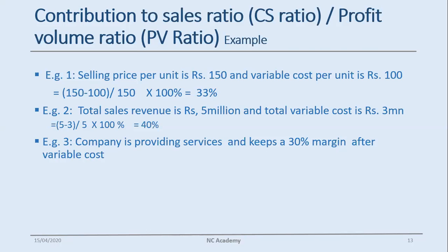So if you're keeping a 30% margin, it means if your sales is 100, your profit is 30, so your variable cost here is 70. In that case, your contribution of 30 as a percentage of total sales, which is 100, is 30%. In that case, it's obvious. You should not do any further calculation if you say margin.